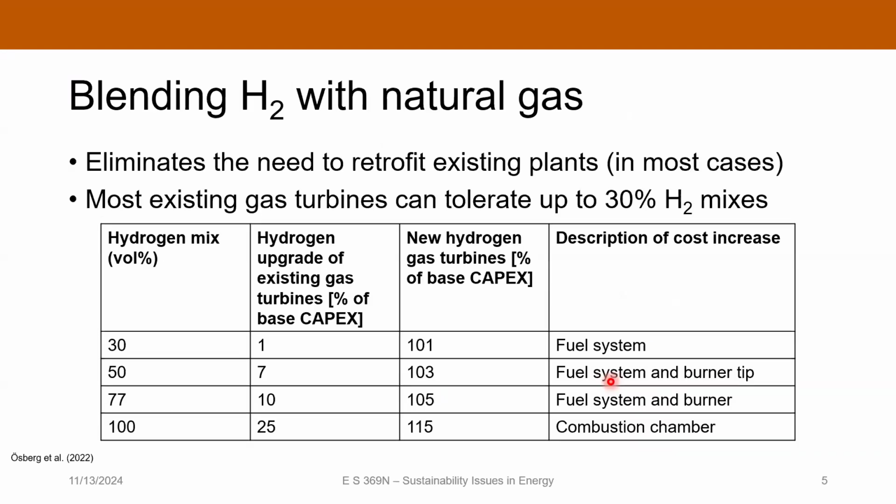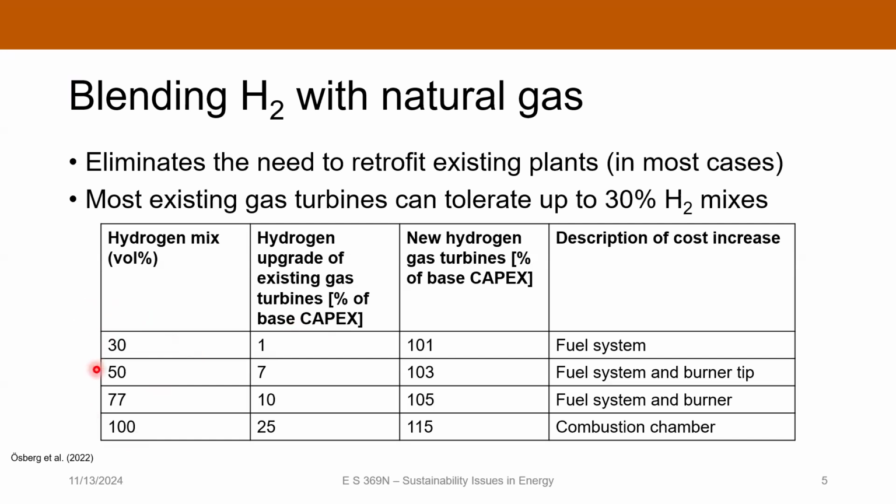We've talked about natural gas blending with hydrogen. I think we've seen this figure before, but up to about 30% hydrogen, typical gas turbines can handle that without any type of retrofitting. But this was an interesting paper from a couple of years ago looking at the cost of upgrading gas turbines depending on how much hydrogen you want to mix with it.